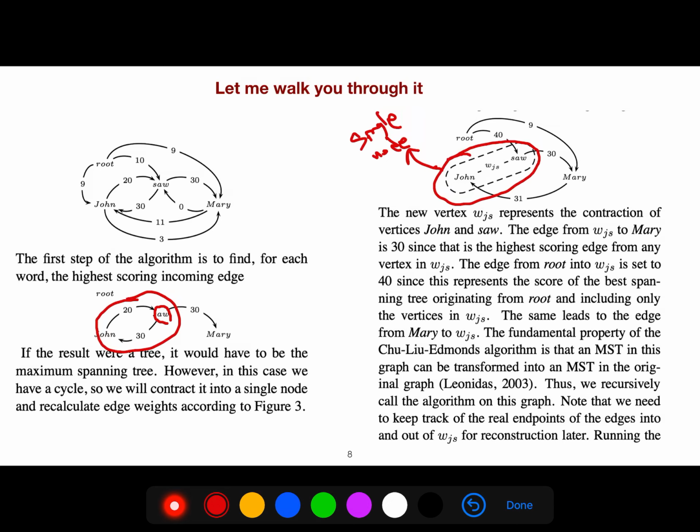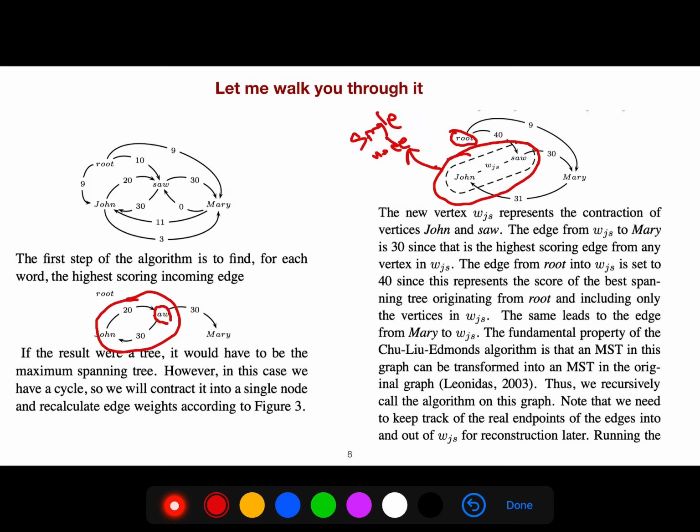Now the edge from John-saw to Mary is 30. Since it is the highest scoring edge from any vertex, the edge from root is set to 40, and root is here. These represent the score of the best spanning tree. The same holds from Mary to John-saw.